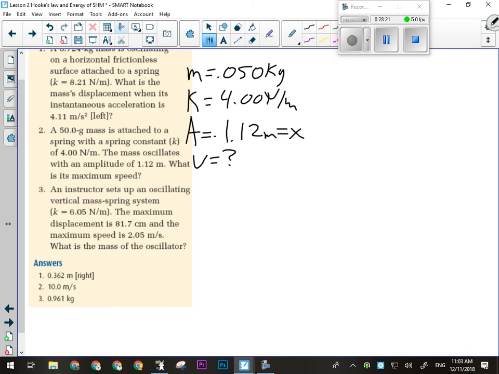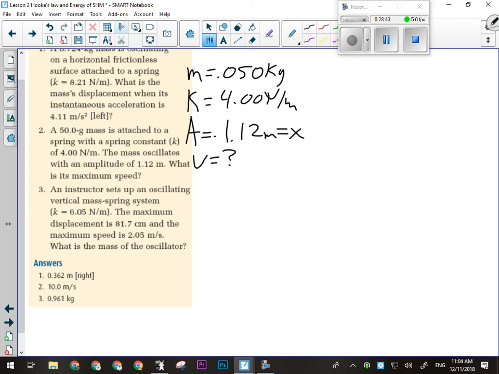Right at equilibrium, where it only has what kind of energy? Kinetic. So this is where that whole understanding part comes in. The math isn't hard, but we have to be able to visualize that when it's at its maximum amplitude, it's not moving, all of its energy is potential. Where does it have its maximum speed? At equilibrium, when all that energy is now kinetic.